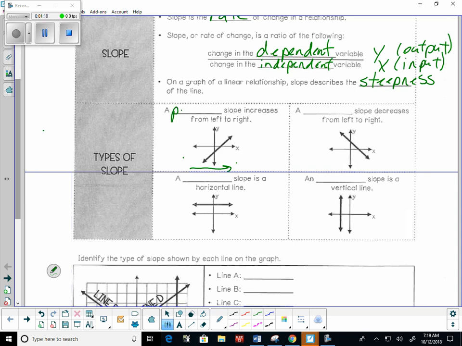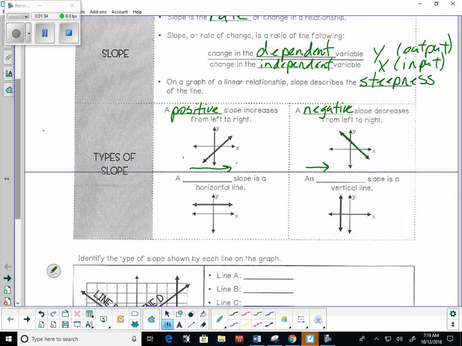So a positive slope increases from left to right. We're going from left to right again, and our slope goes downhill. So therefore, a negative slope decreases from left to right.